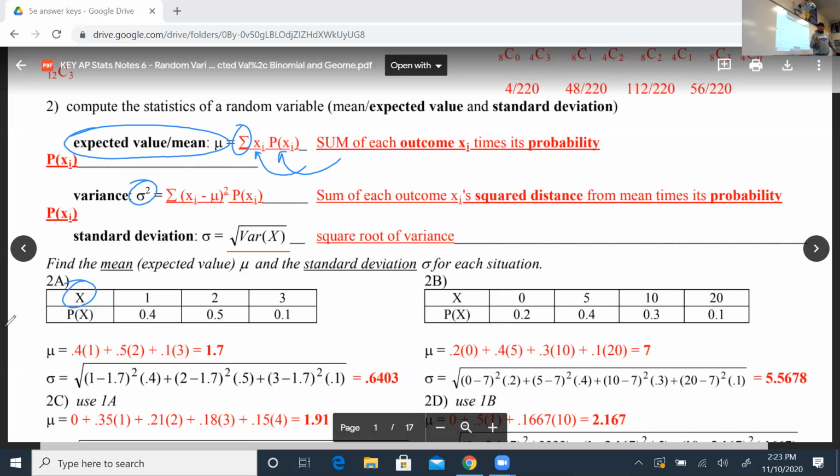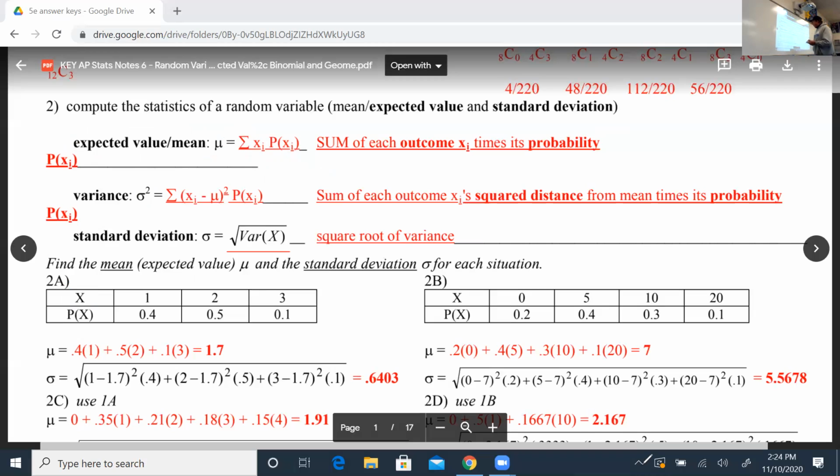It's the typical distance from the mean, or the average distance from the mean. So we're going to be using these tables that we developed, and we're going to find the average of the tables, called the expected value, and we're going to find the standard deviation of the tables as well. And we have a general meaning of what that means from our past.